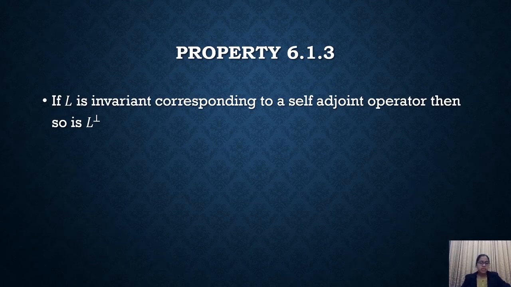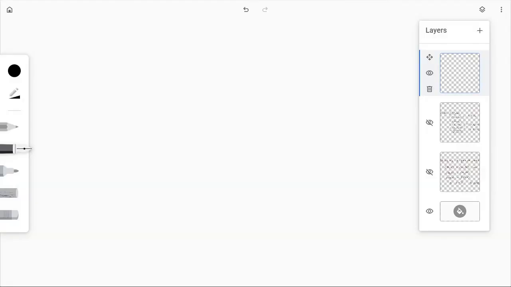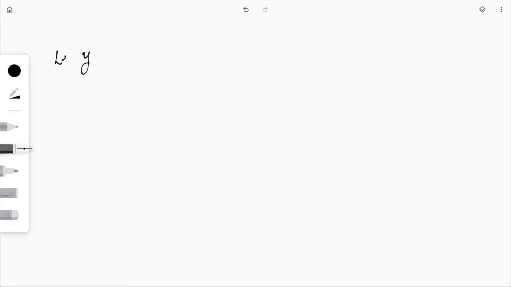That is the third property. So let's see how we can prove this property. For that, we will consider an element in the orthogonal space: let y belong to L orthogonal and x be another element of L.